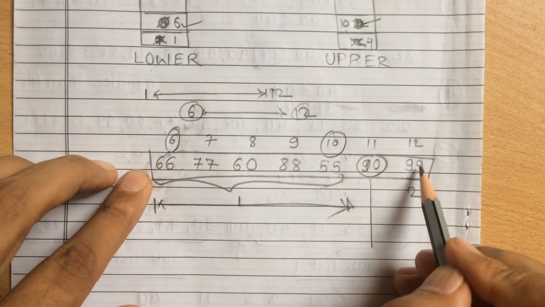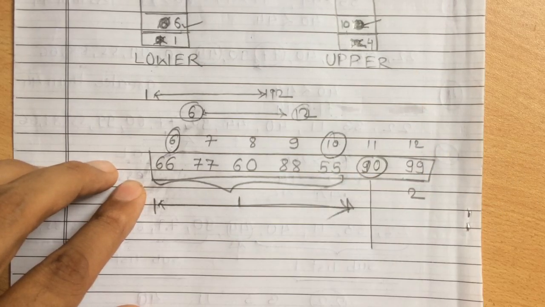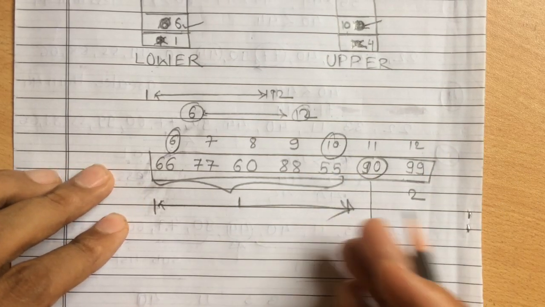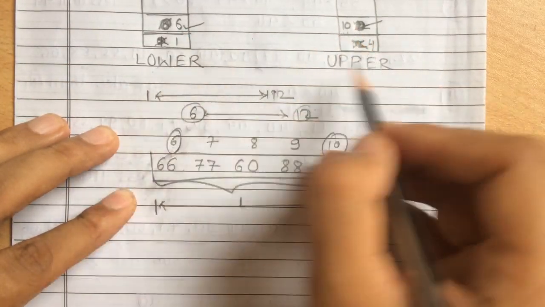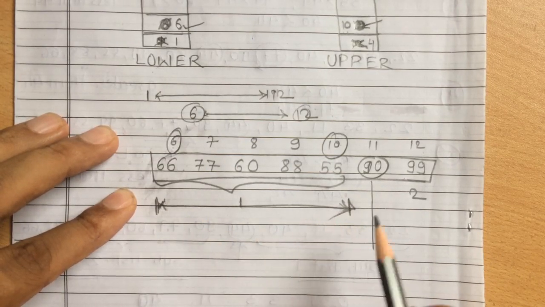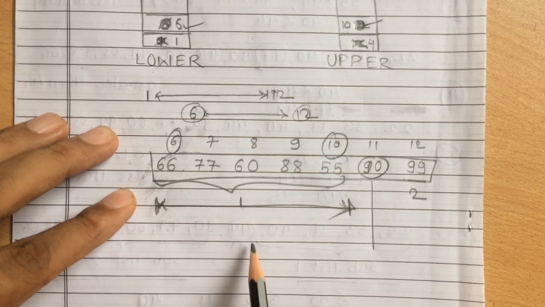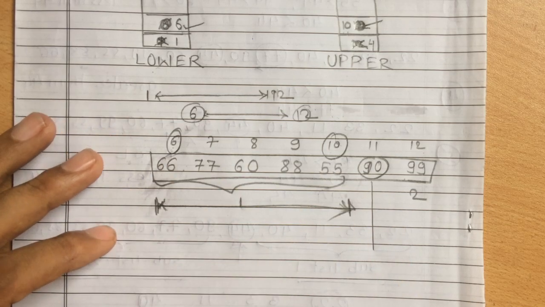As in the second sublist only one element is there, we are not going to push this onto the stack. So again we have popped these two values 6 and 10 from upper and lower, that is, we have concentrated on this sublist. Again we have applied the same reduction step, and again the same process we have repeated.